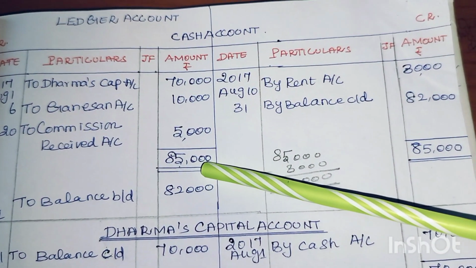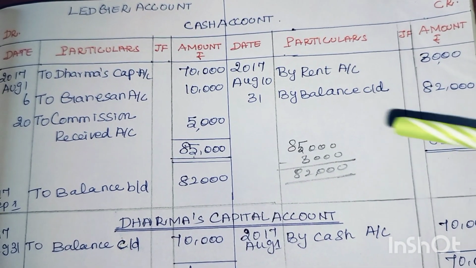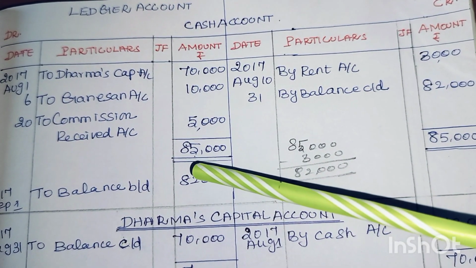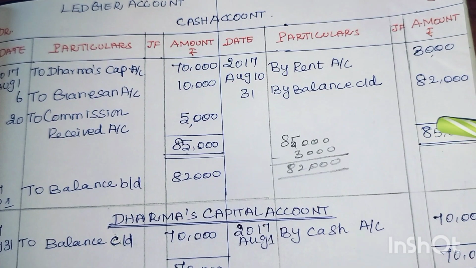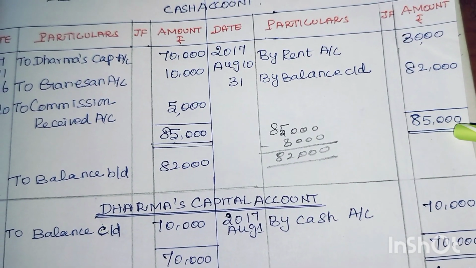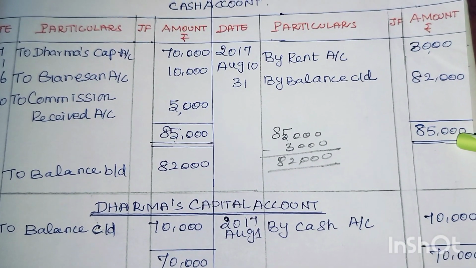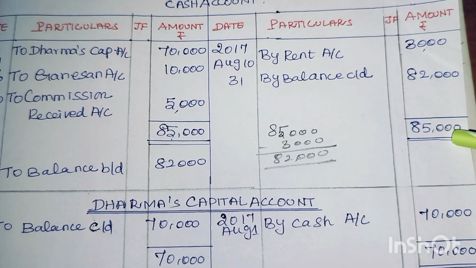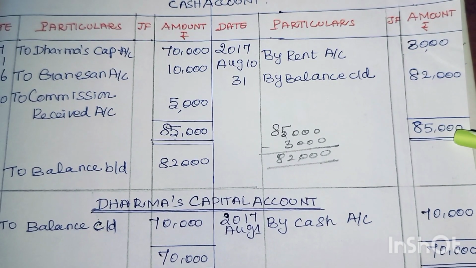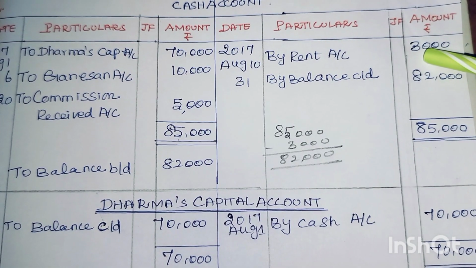What do we do? We have to total this higher value on both sides. So we total 85,000 on debit side and credit side equally. We total the higher value on both sides. Okay, then what to do? Then find which side has the lesser value. Of course we know very well credit side has the lesser value. How much rupees? 3,000 rupees.